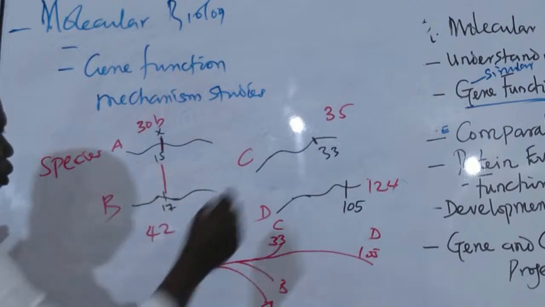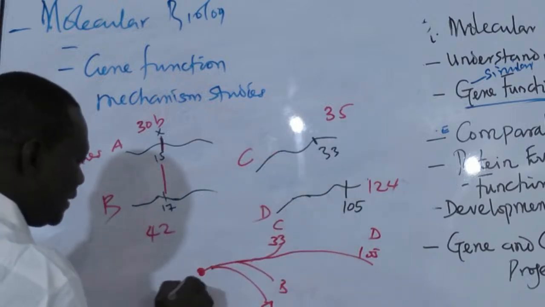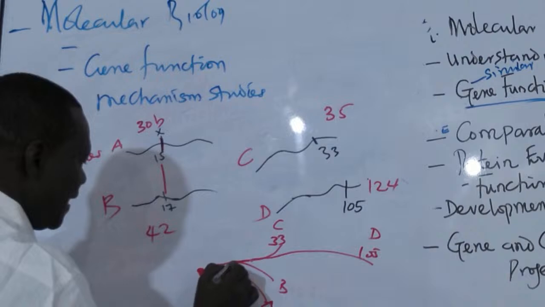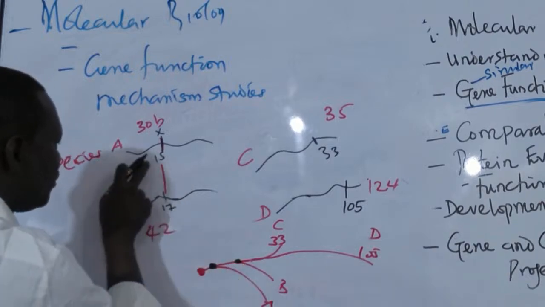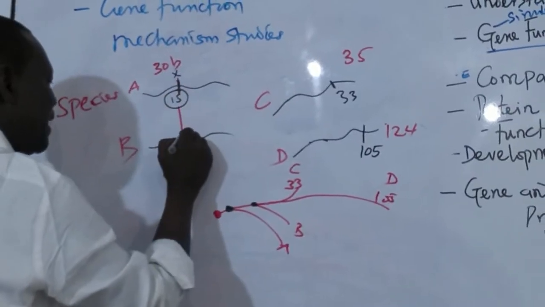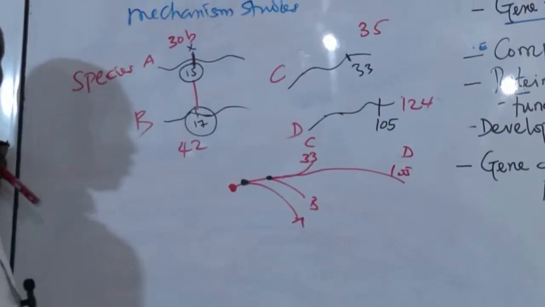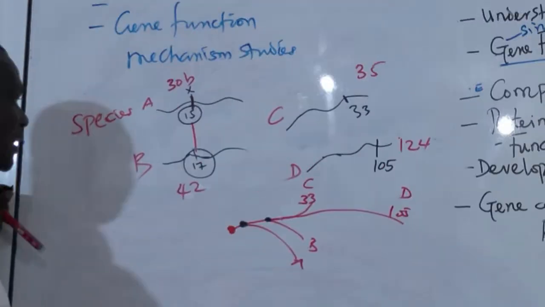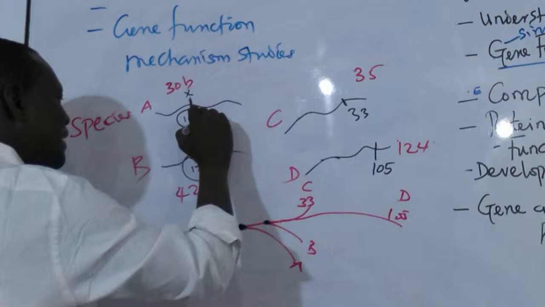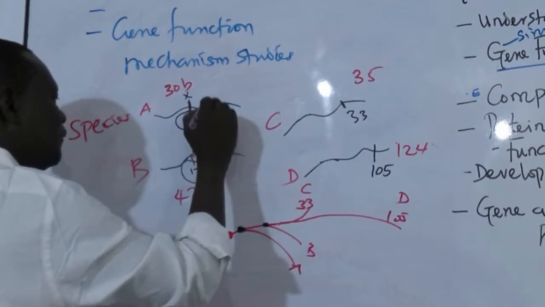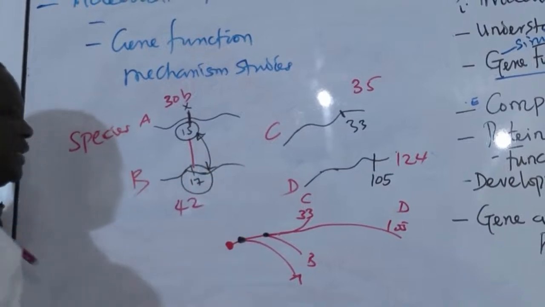Now, what that means is that the genes on A and B will be similar. Their function will be similar, and their mechanism of action will also be very, very similar.